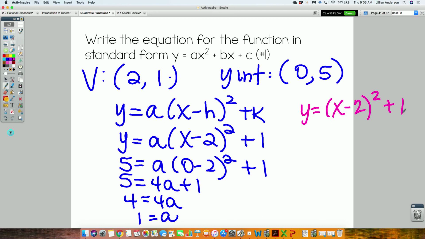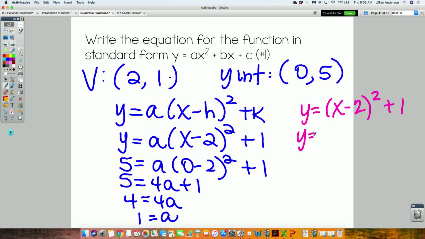But it's not asking for vertex form. It's asking for standard. Nathaniel, how do I get to standard form? With a, so y equals x squared. Oh wait, just to multiply. Well, oh, you have to complete the square. I complete the square. Got FOIL. I've got to expand this. Okay?